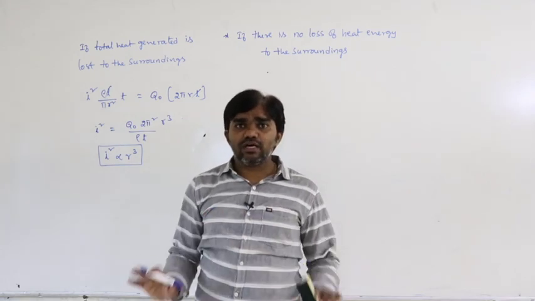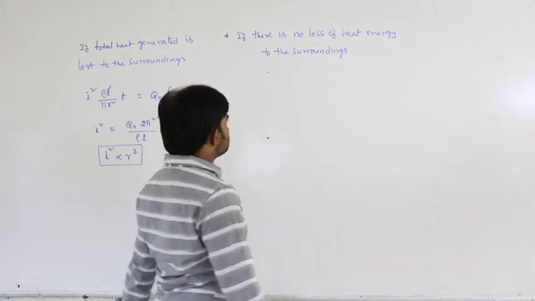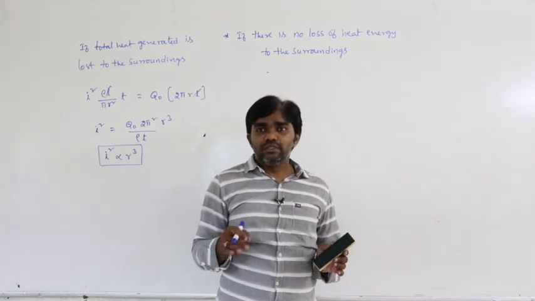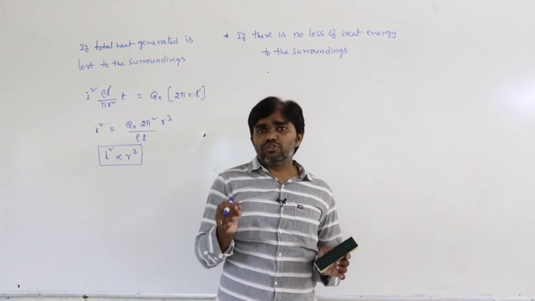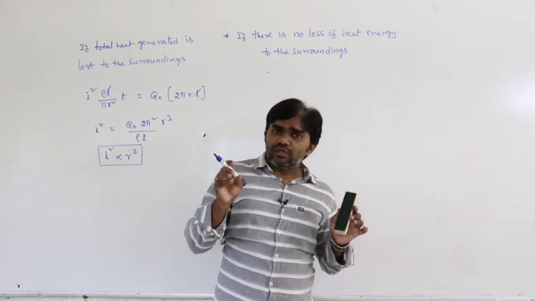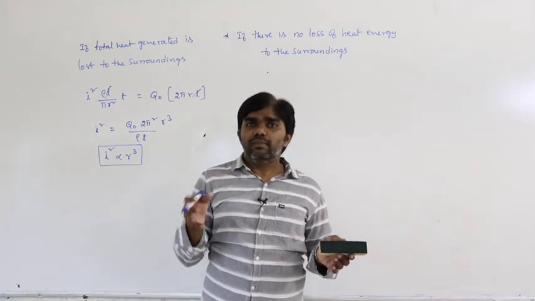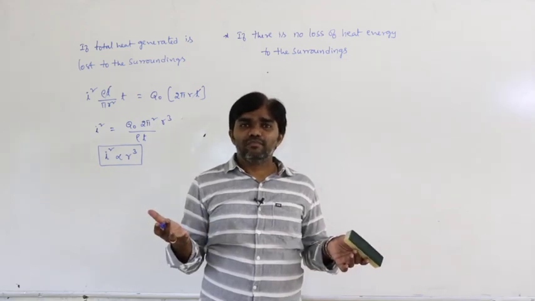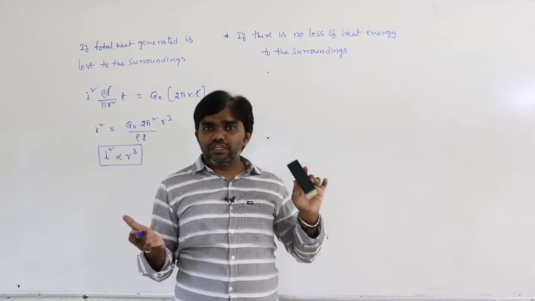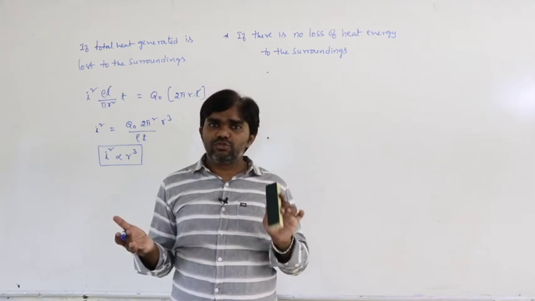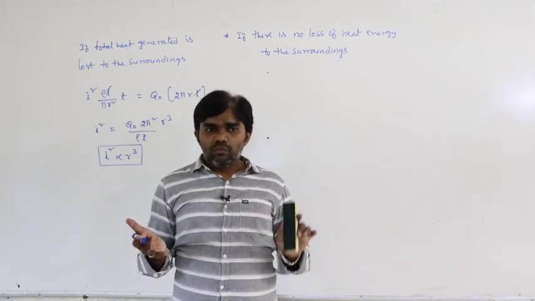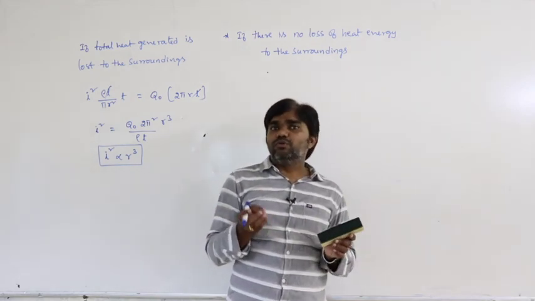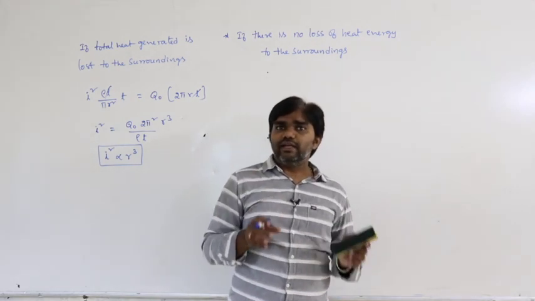In that situation, whatever heat is produced due to the current flow, the total heat is utilized by the fuse wire, that means it gets melted. If heat energy is not lost to the surroundings due to radiation, the total heat produced must be utilized by the fuse wire, then it gets melted.